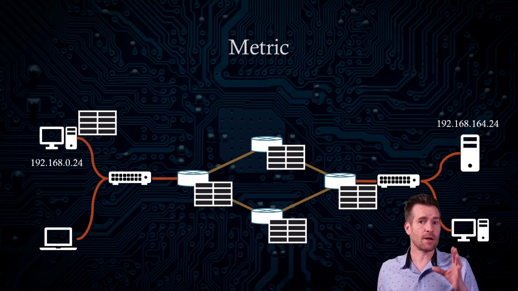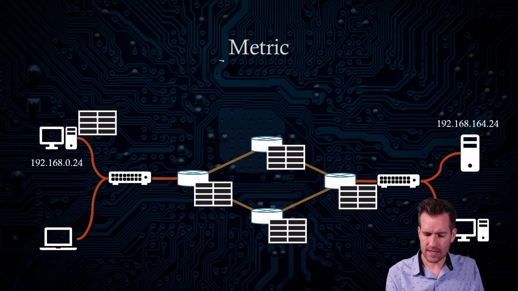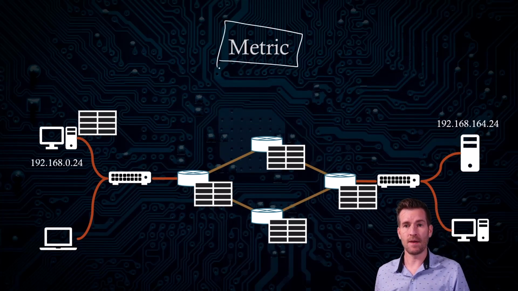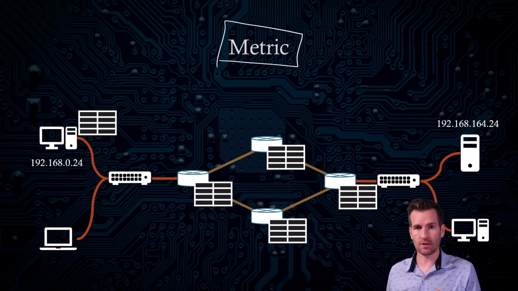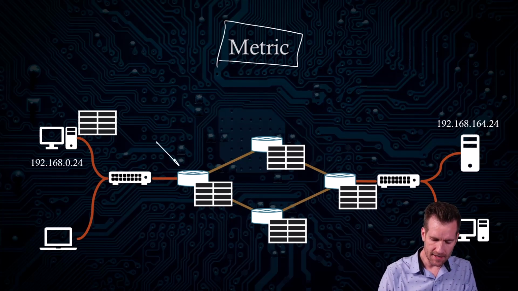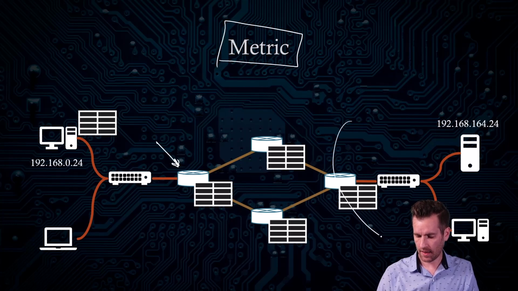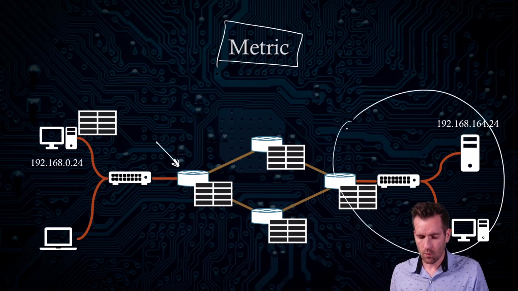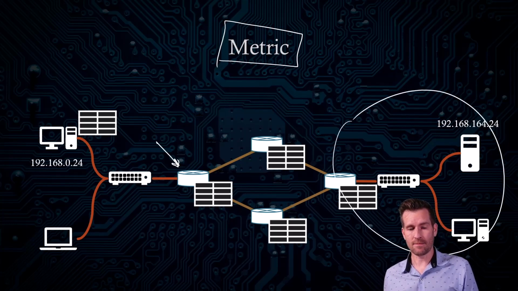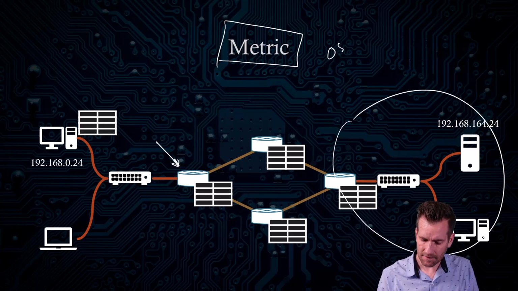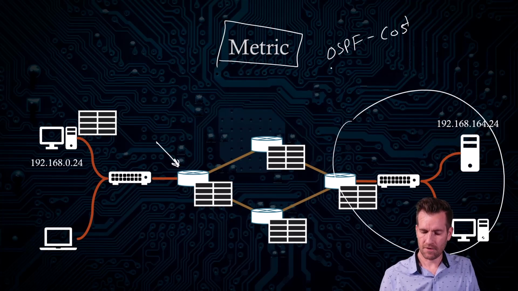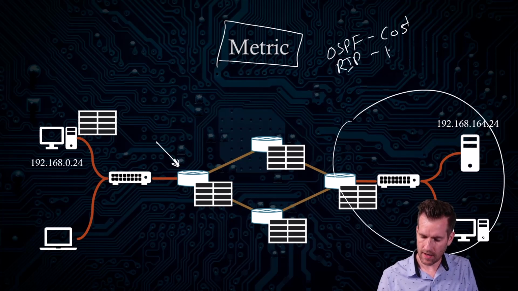Each of your dynamic routing protocols is going to use a different metric to measure what is the best route to your final destination. If this router is trying to get to this network right here, what it needs to do is determine what is the best route. OSPF uses a metric of cost versus RIP uses a metric of hop count.